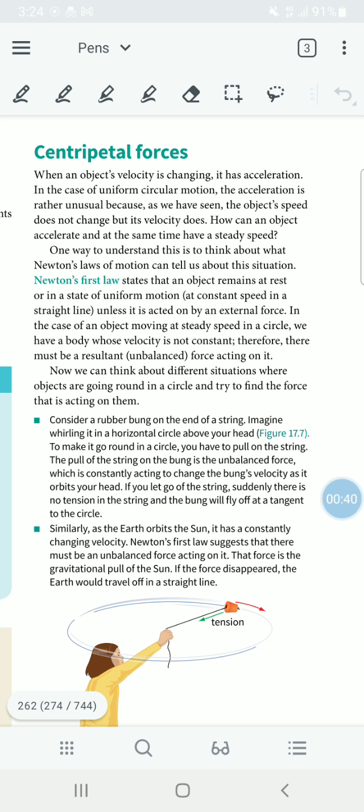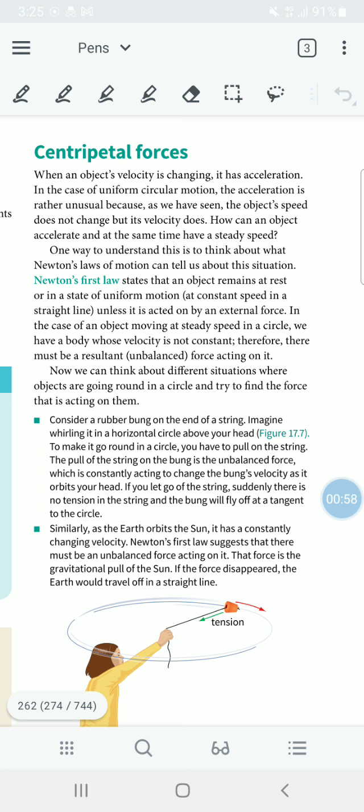Then the second rule is the F equals ma rule. That is, if there is a force, there is an acceleration, or if an acceleration is there, there has to be a force. So this relationship is quite important for us to understand how centripetal force works.